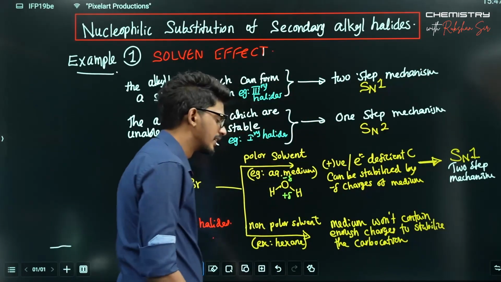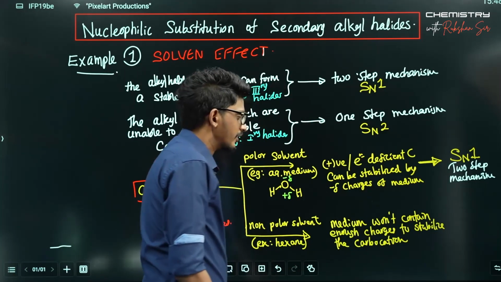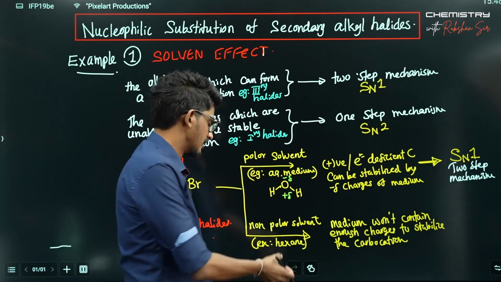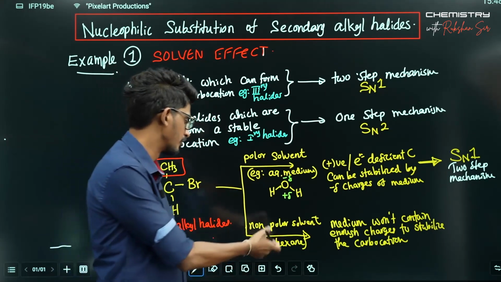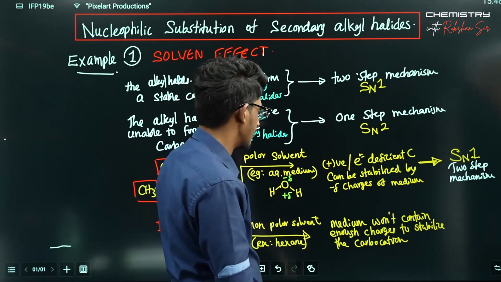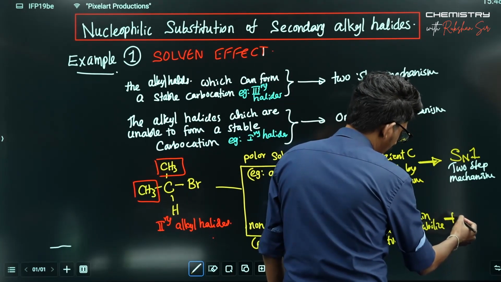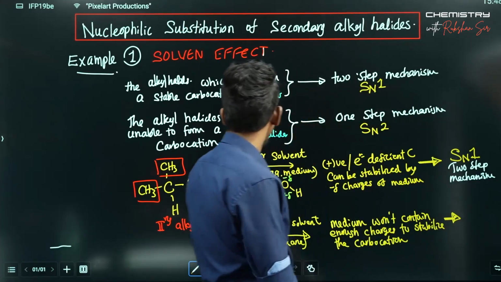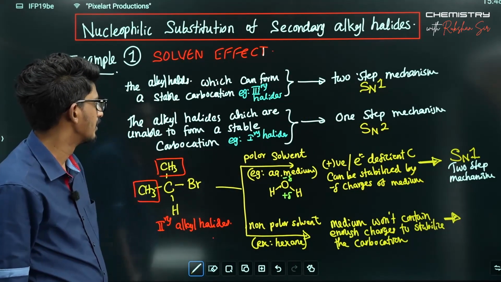No ability to give some electron density towards the electron-deficient carbon, as with hexane and other non-polar solvents. Such non-polar solvents won't contain any kind of charges, so the carbocation can't be stabilized, so you will not be able to form a stable carbocation.